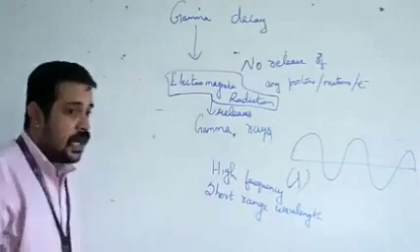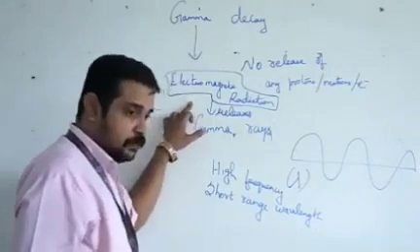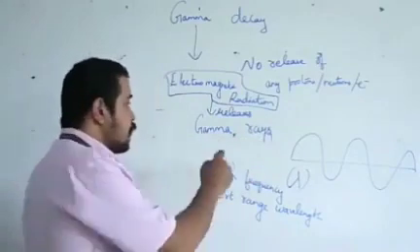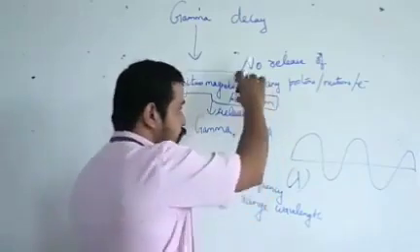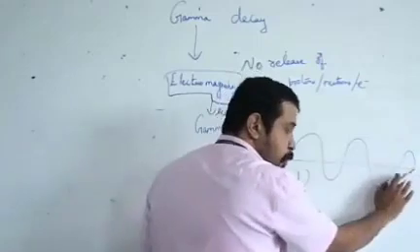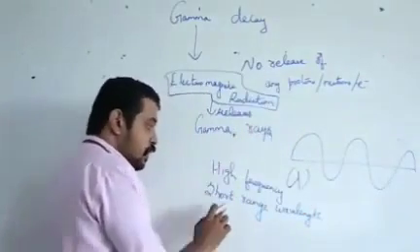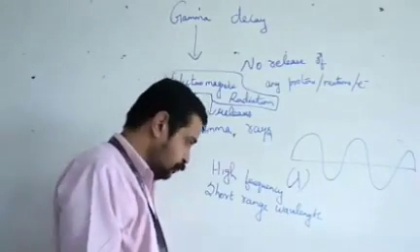So gamma decay is a kind of electromagnetic radiation that releases gamma rays, which occur in the form of wavelength with a very high frequency and a very short range of wavelength.